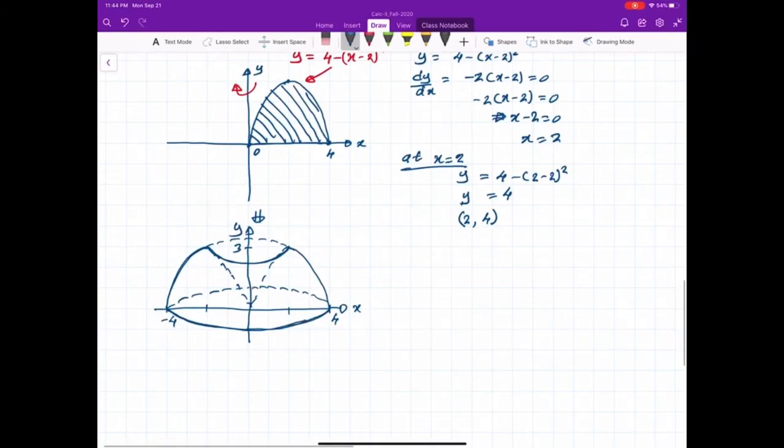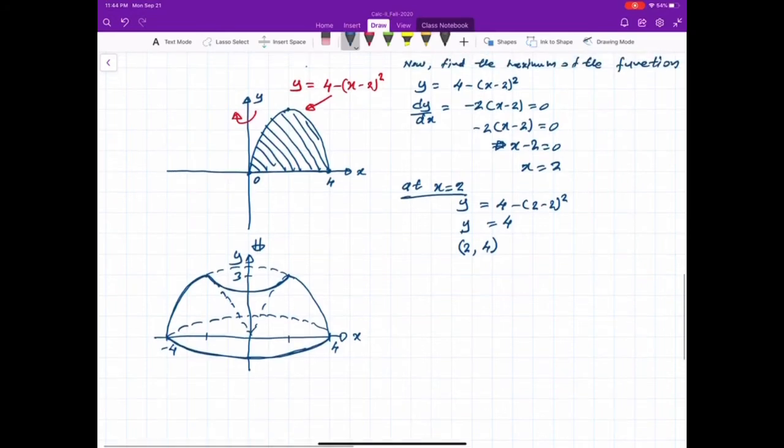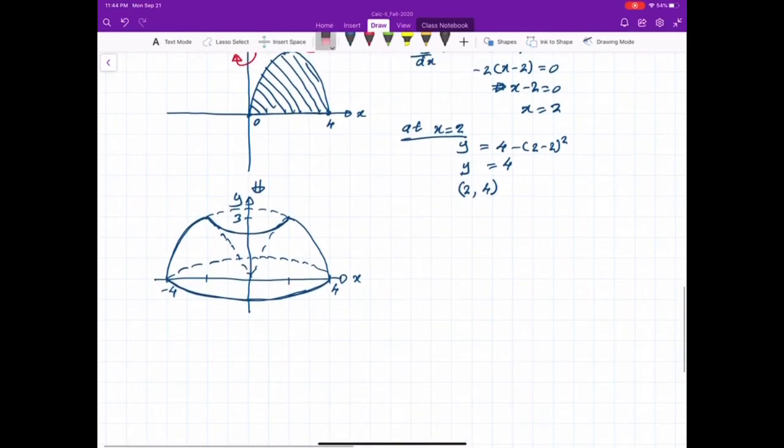Alright, now we're going to use the cylindrical shell approach for this. First of all, let me make a cylinder here. So this is the function we have. Then let me make a cylinder. The cylinders will look like this. Give me a second. It is hard to draw actually. I will try my best.